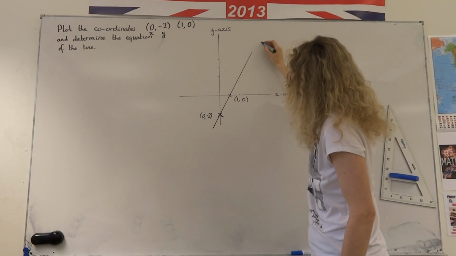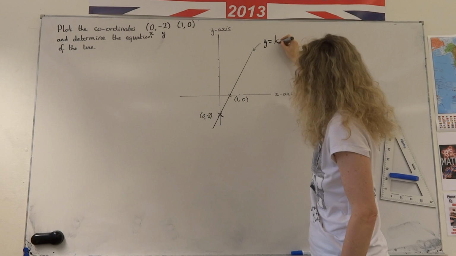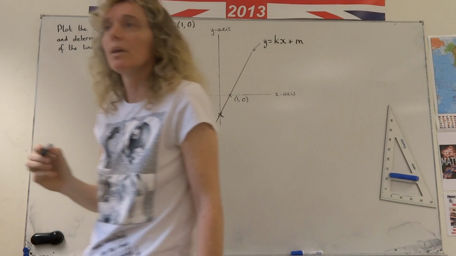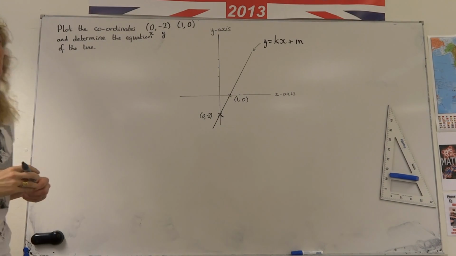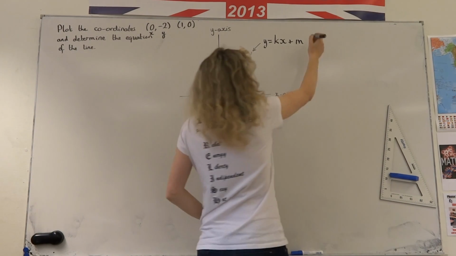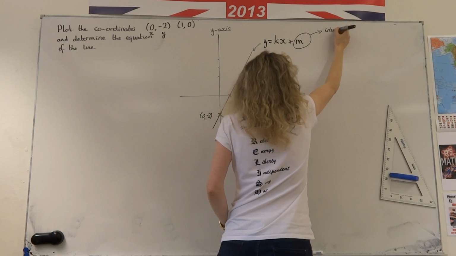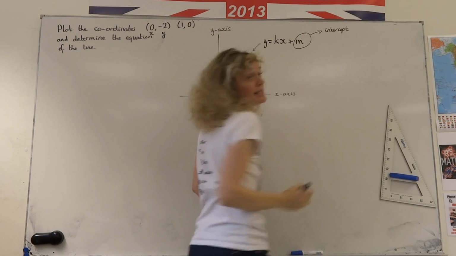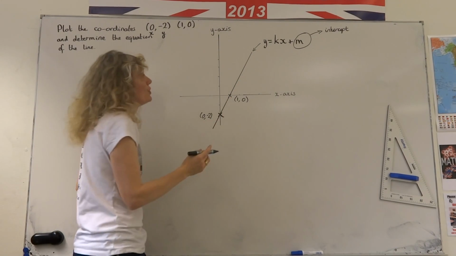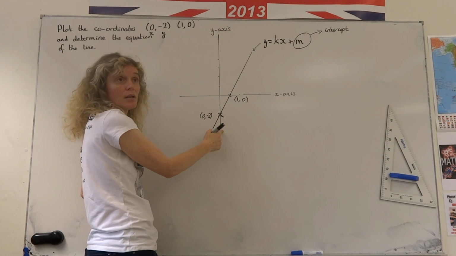Well, we know that every straight line has an equation of the form y equals kx plus m. Every single straight line equation has this form, and you have to remember it, okay? The m here is what we call the intercept. This is the really easy one to get, because you look at this line and you say, where does this line cut the y-axis?